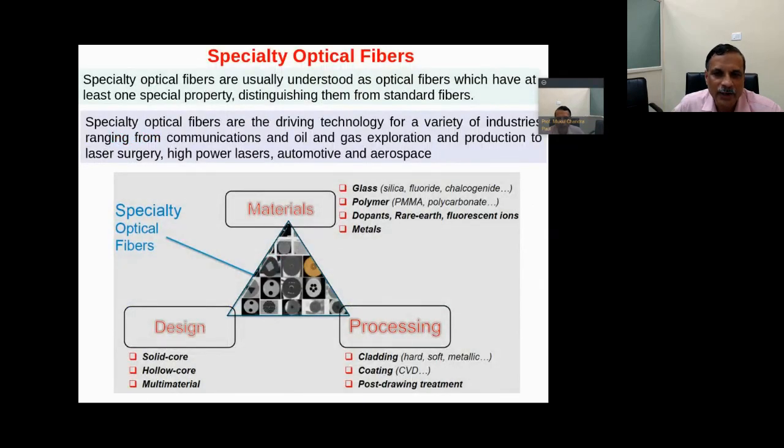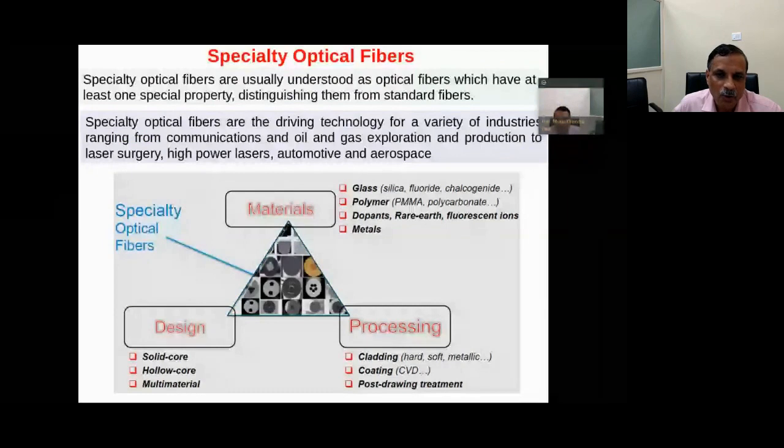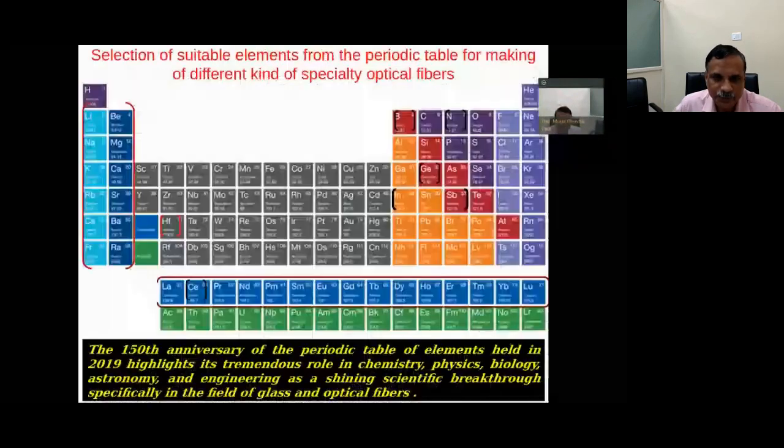Specialty optical fiber is basically one kind of material base which has different composition, or different waveguide design, or different kind of coating material. Here we mean specialty optical fiber based on different material composition, that is, core composition of optical fiber.